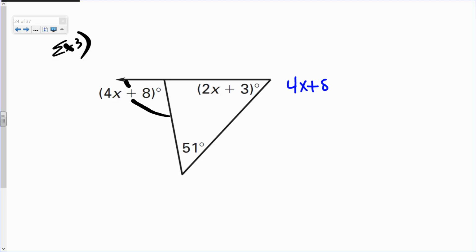So he's going to use the exterior angle theorem. Notice the exterior is equal to the two remote interiors. Very nice.